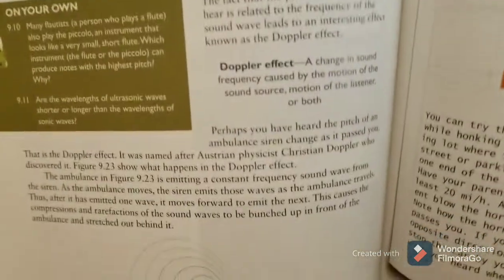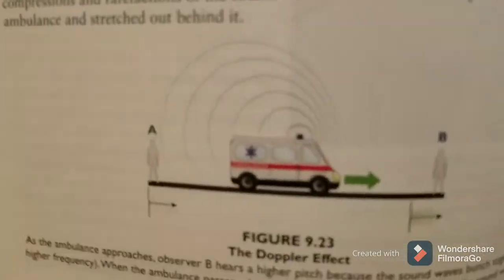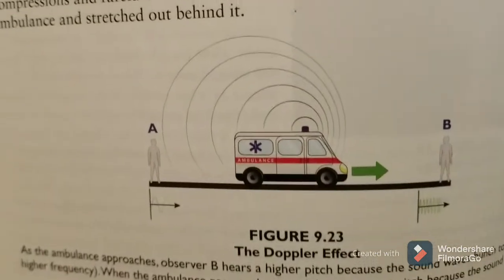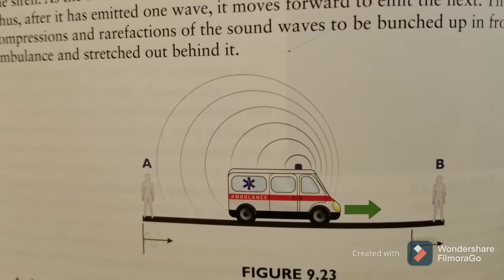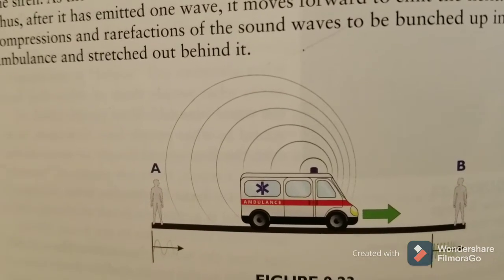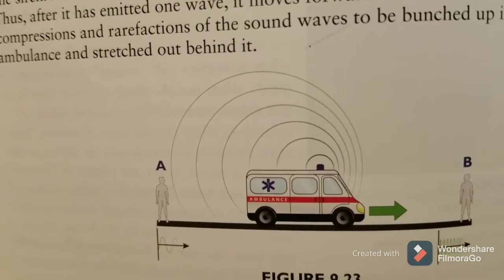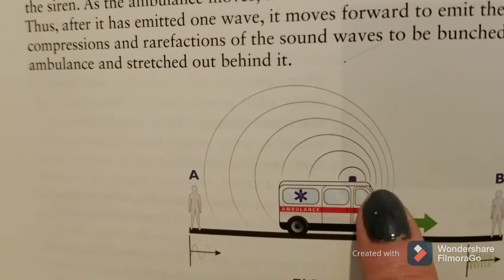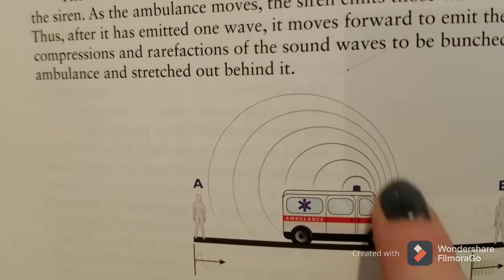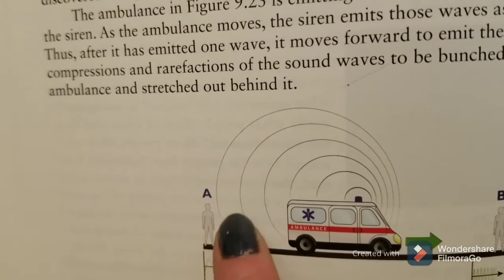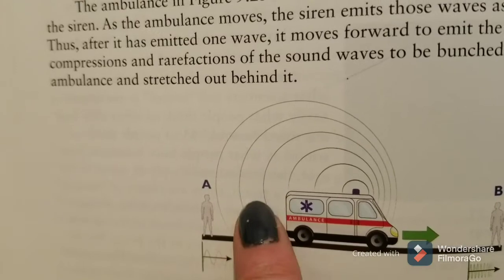All right, Doppler effect really fast. We're going to call it good because I'm about out of storage on my phone. So the Doppler effect: when you hear these really weird warpy sounds when an ambulance is going by you, that is because you're listening to it go woo, woo, woo, and then it passes you, and the sound waves are actually further apart, and so they go woo, woo, woo.